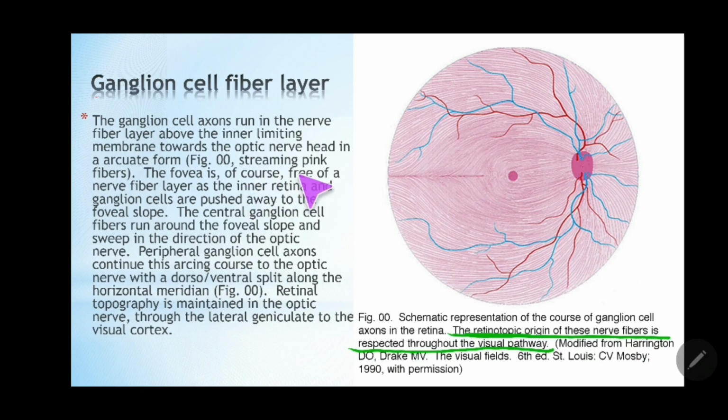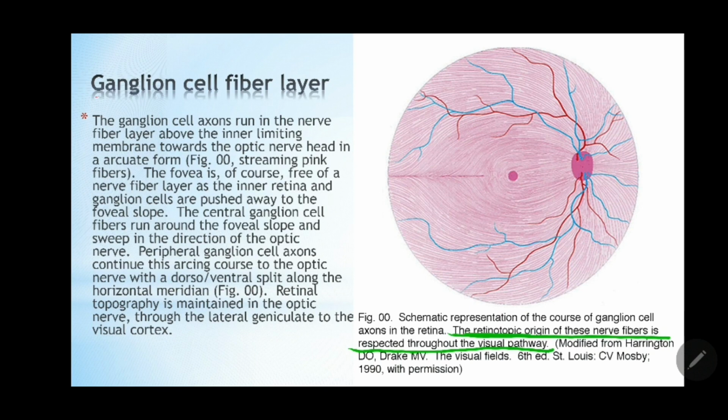Okay, so these fibers are shown in streaming pink. The fovea is of course free of a nerve fiber layer. As I told you before, if you remember the diagram of the fovea centralis, remember the example I gave you, removing the veils of the bride to see the face.